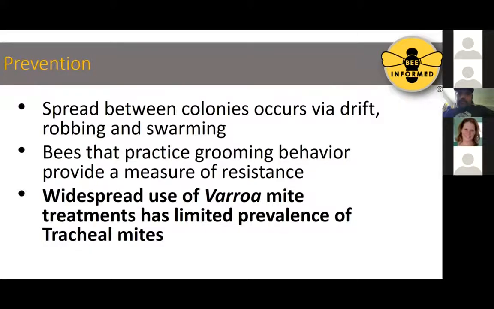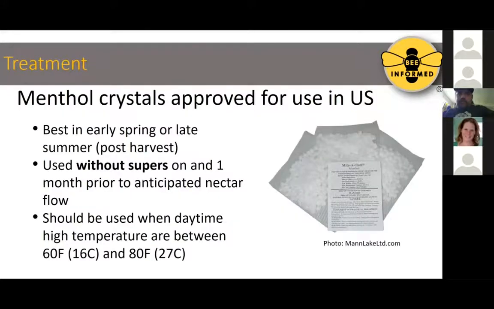Having said that, there is one treatment approved for tracheal mites. As with anything, just like with our Varroa products, the label is the law. It's important that we understand how and when to apply these, both for bee health, but also for our health as beekeepers, and not to contaminate honey. The treatment that is labeled for tracheal mites is menthol crystals.